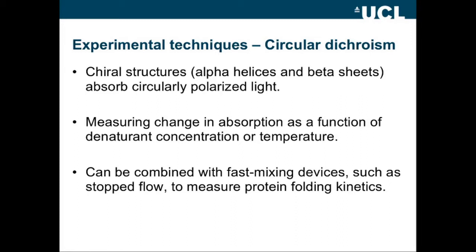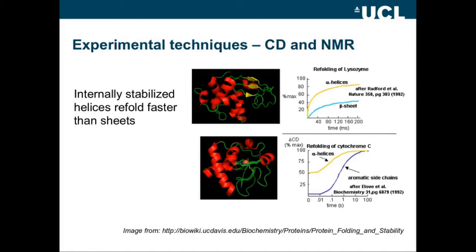And this can be combined with fast mixing devices such as stop flow techniques in order to measure the kinetics of protein folding. So here are some examples using CD and NMR.